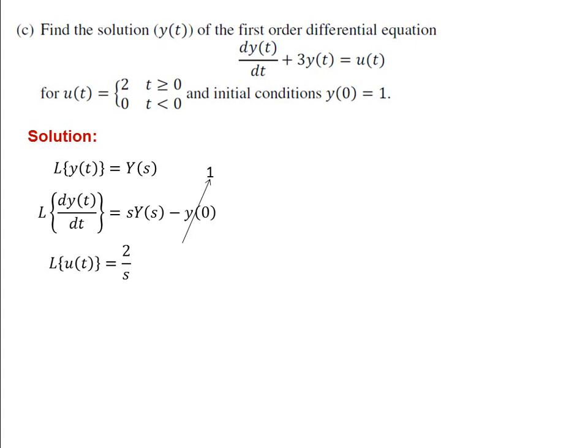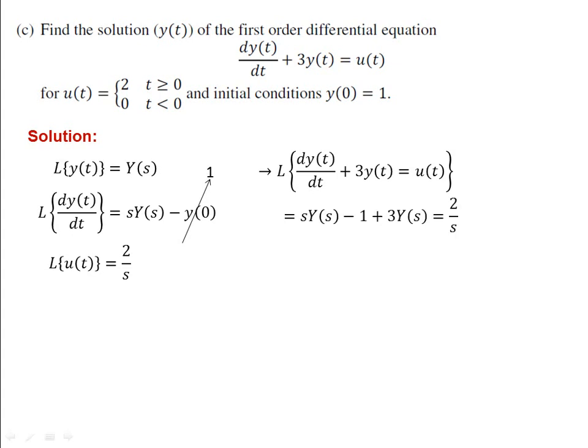And I know that the Laplace of the step function u(t) will be 2 over s. So the Laplace transform of the whole differential equation, dy/dt plus 3y equal to u(t), is sY(s) minus 1 plus 3Y(s) equal to 2 over s.